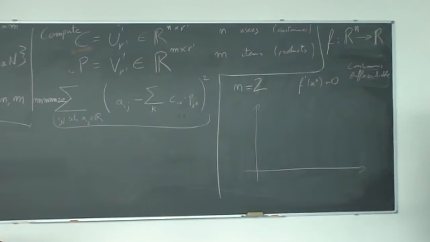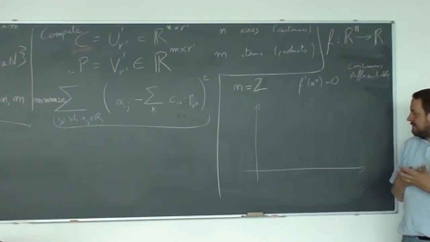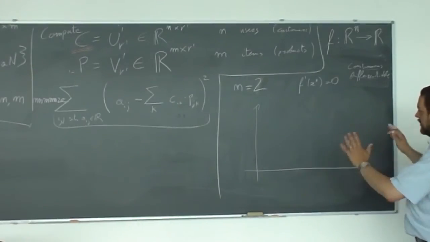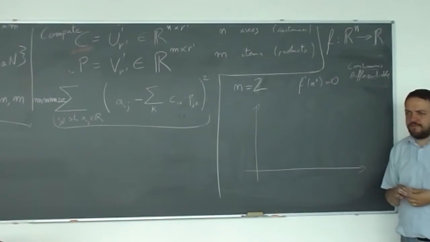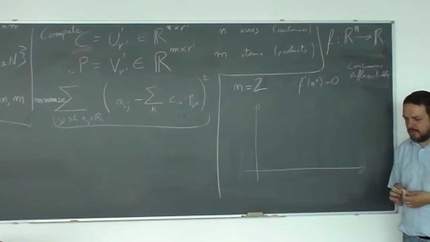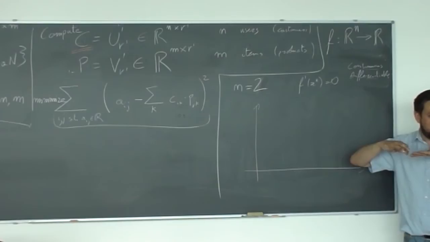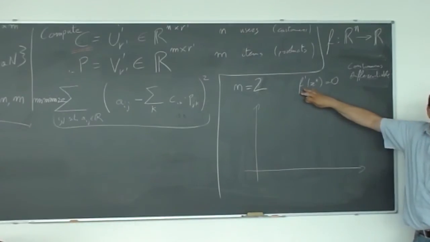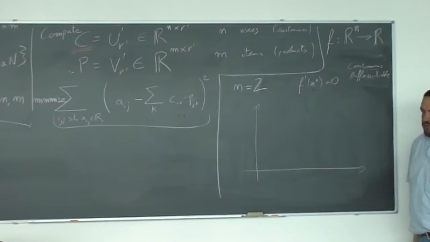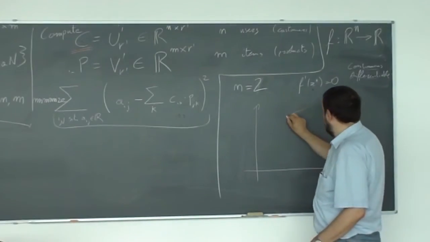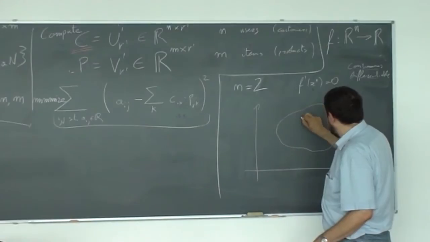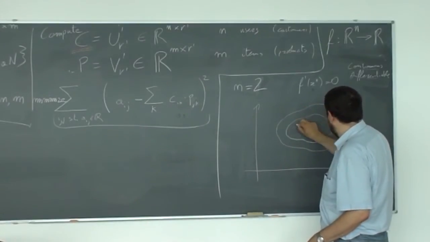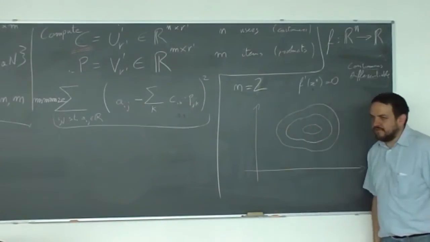In this case you can use a geographical metaphor. You can imagine that you're looking at the graph of f from above, so that this is a sort of map of function f, and you can draw the lines of equal value of f.